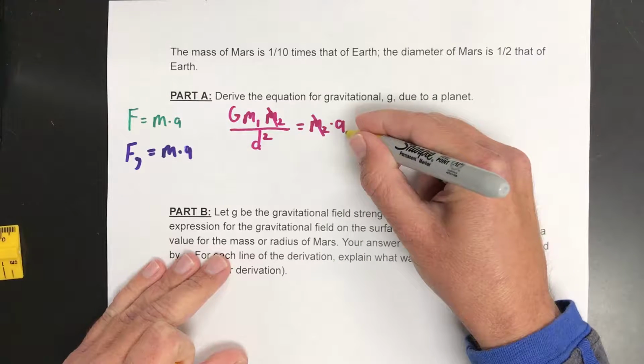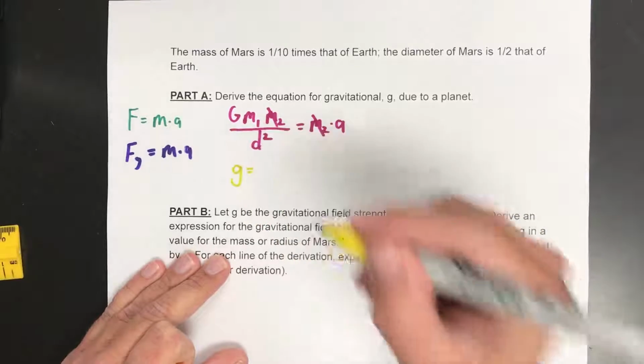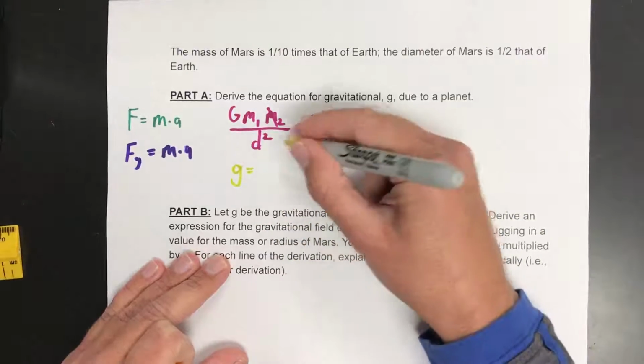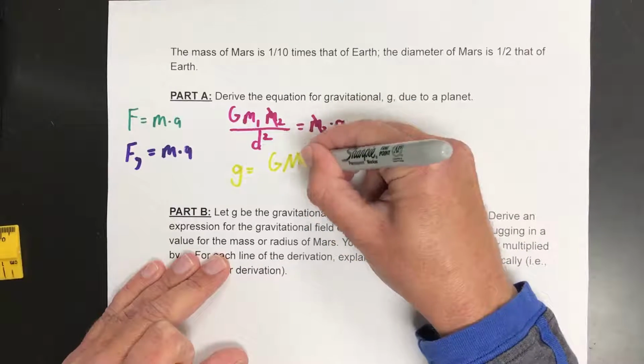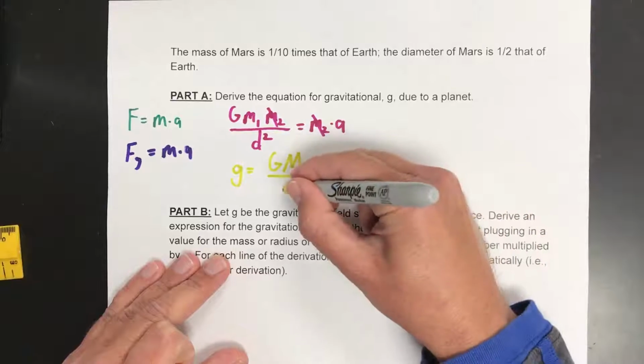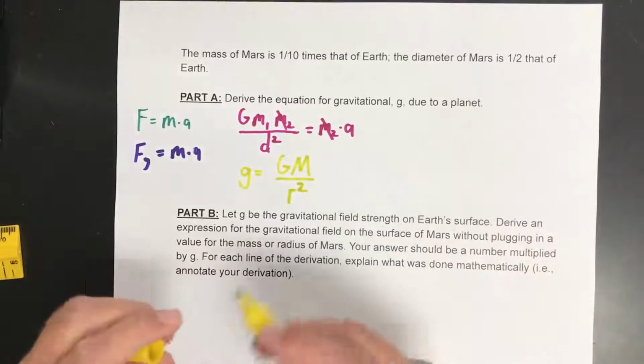So if I rewrite it in terms of this a, which is now what we're calling g, this gravitational acceleration is equal to big G times the mass of the planet, divided by the radius of that planet squared.